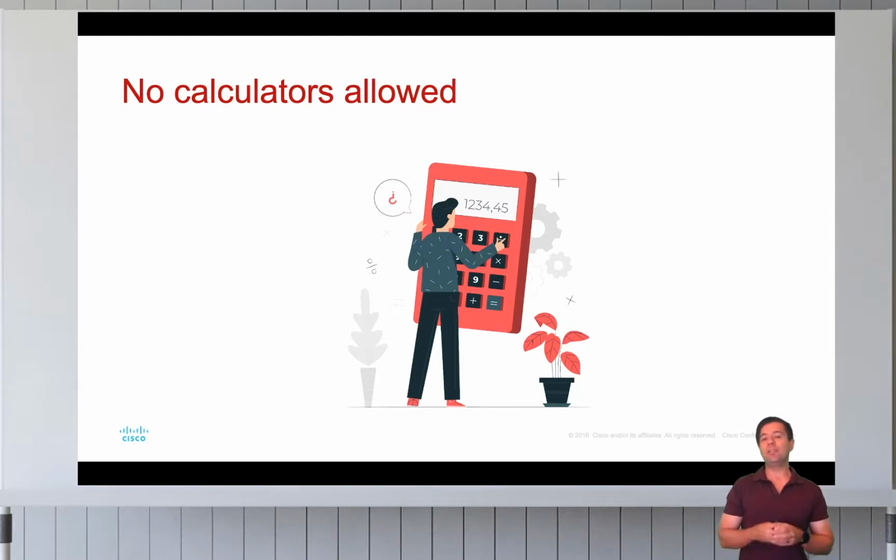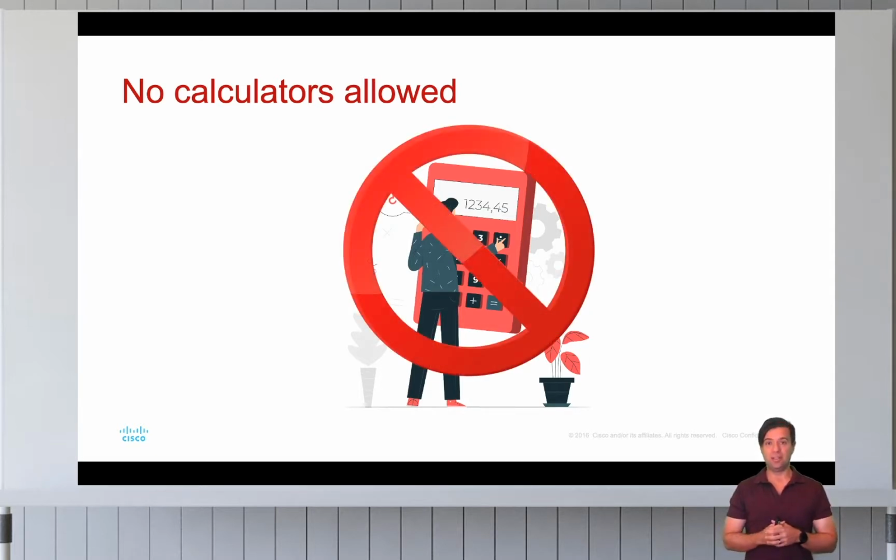In fact, there are a few calculations when we get to IP addressing in later modules as well. The problem is, for all of the Cisco curricula, you are not allowed to use any calculators. So for any of the calculations that you do, it's all up to you and a pen and a piece of paper.